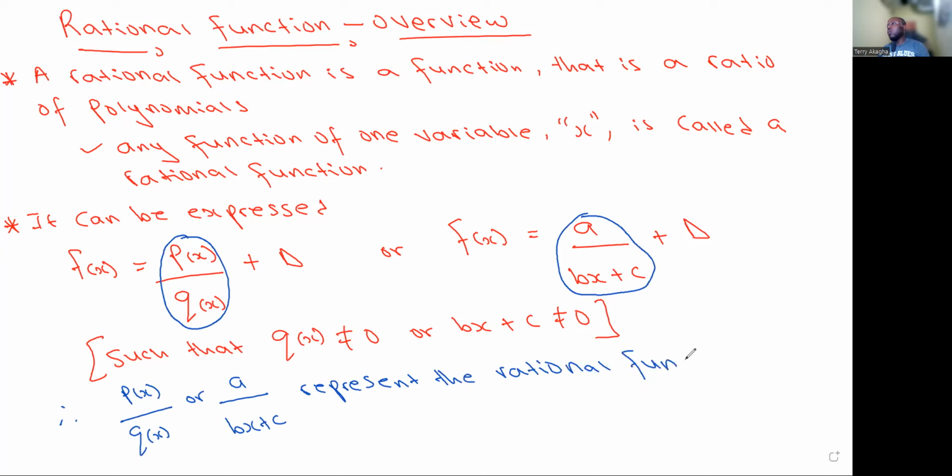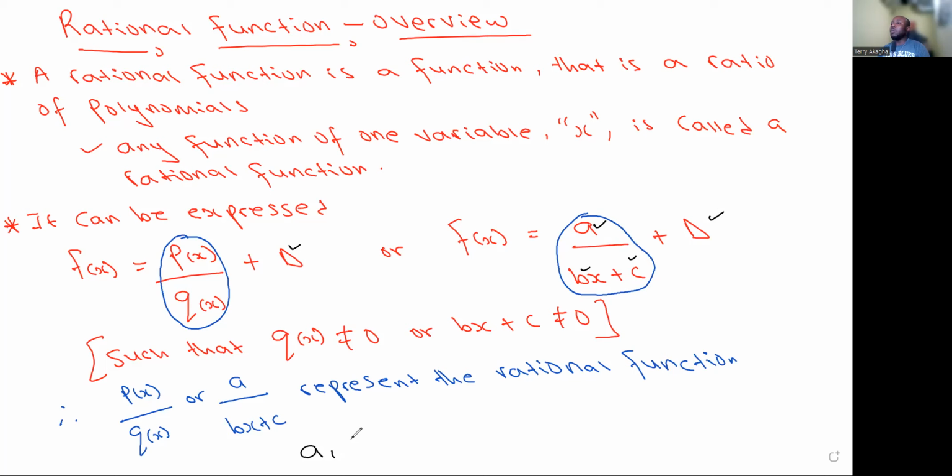Okay? So this p of x over q of x represents the rational function, and a over bx plus c also represents the rational function. Another thing you need to know is that for these to be rational functions, a, b, c, and d are all constants.